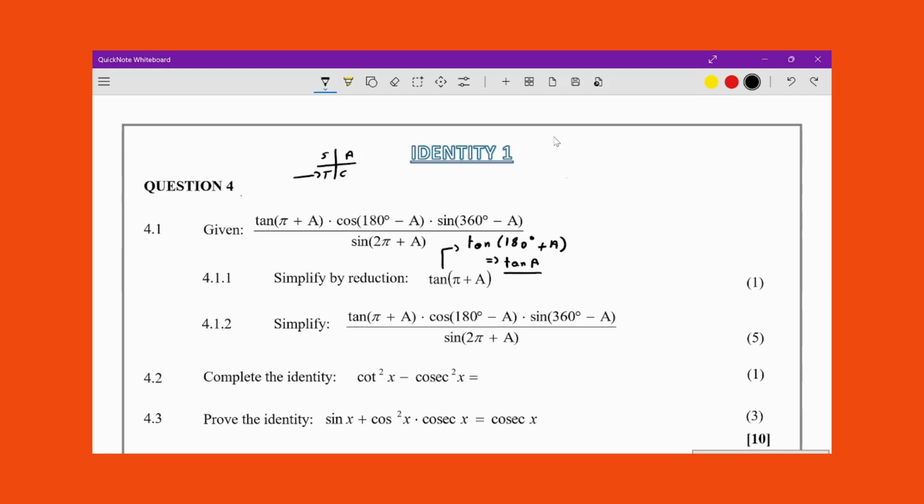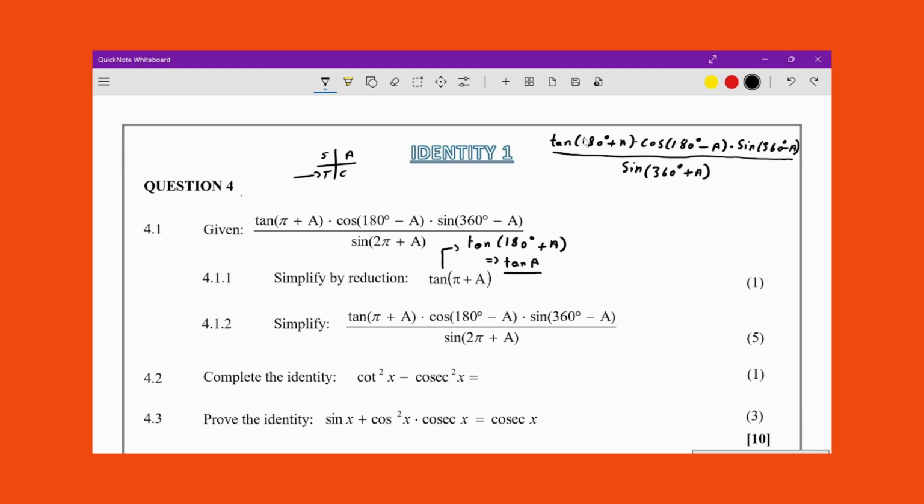So we start with our tangent: 180 degrees plus a, multiplied by cos of 180 degrees minus a, and then sine of 360 degrees minus a. Everything here is divided by the sine of 2 pi. How much is 2 pi? 2 pi is 360 degrees, so we have the sine of 360 degrees plus a.